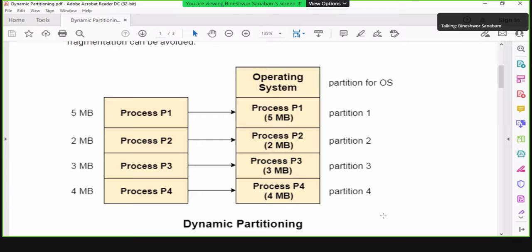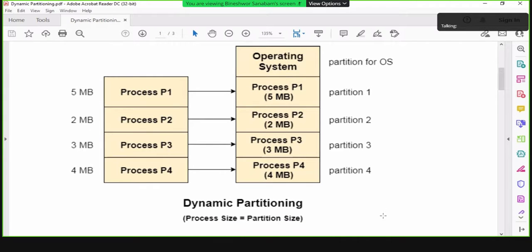In case we have some free memory that is not in a contiguous location, and a new process requires more memory than is available in one partition, external fragmentation may occur. So let's see.